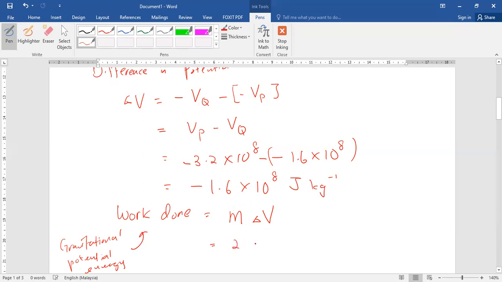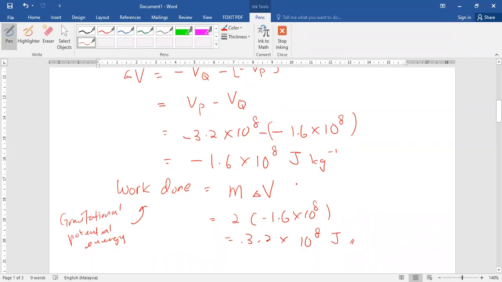So it will be 2 times negative 1.6 times 10 to the power of 7, so we get negative 3.2 times 10 to the power of 7 joule. Negative means it is attracted to the center, the other direction.